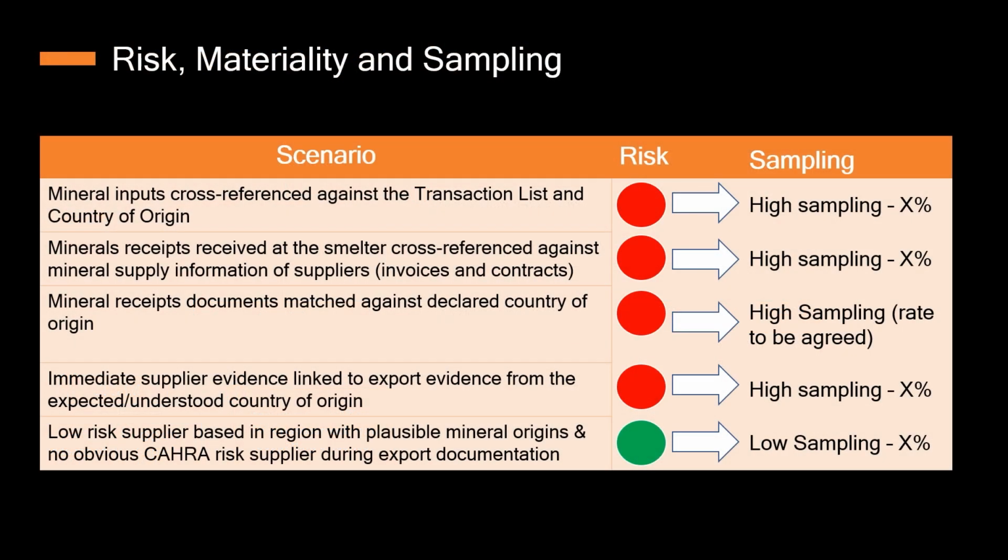An important element of the audit planning stage is the risk, materiality and sampling plan, or the exercise conducted. That's a fundamental requirement of ISAE 3000, and that's obviously carried out by the auditor, but that should also be shared with the smelter. It's not the smelter's audit plan, it's different.